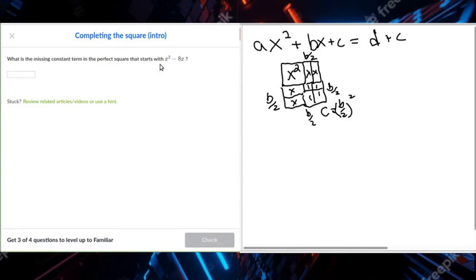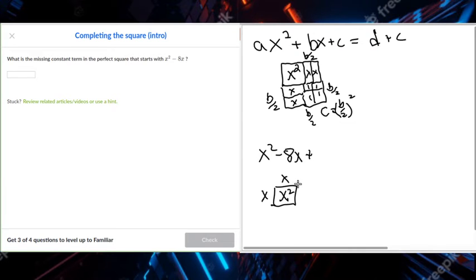All right, so the question is, what is the missing constant term in the perfect square that starts with x squared minus 8x? So I have x squared minus 8x, and I have to add something to make that a perfect square. And again, that's going to look like this. It's going to be 1 x squared, and it's going to be x long on each side. X times x is x squared.